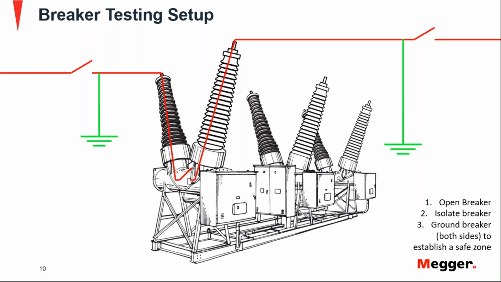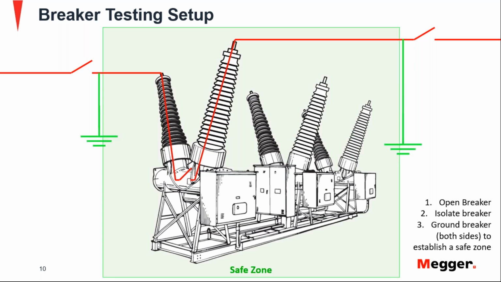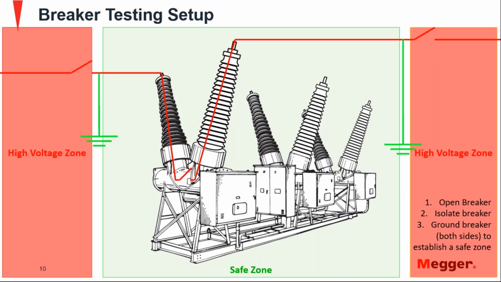At this point, you have created a safe zone for testing, and all the connections have to be done in this area to maintain safety. We're going to talk more about that later on.